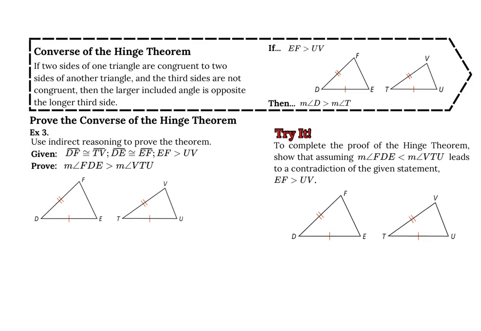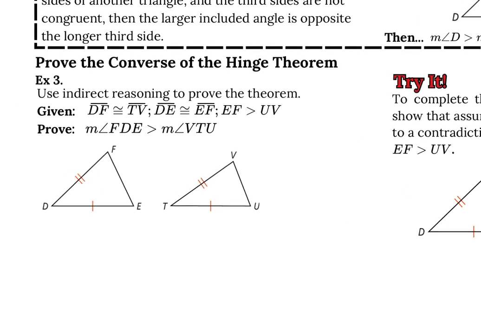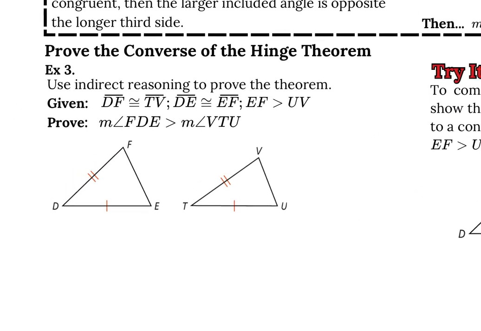All right, so example 3, we want to prove that the measure of angle FDE is greater than the measure of angle VTU. So they told us that DF is congruent to TV and DE is congruent to... okay, this should not say EF.